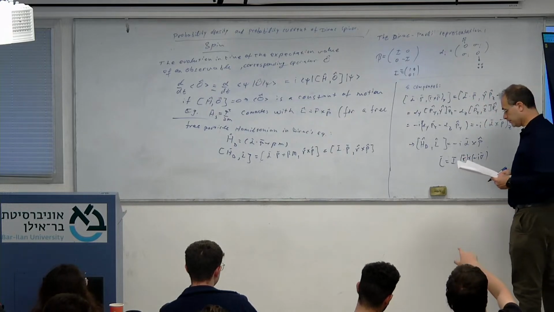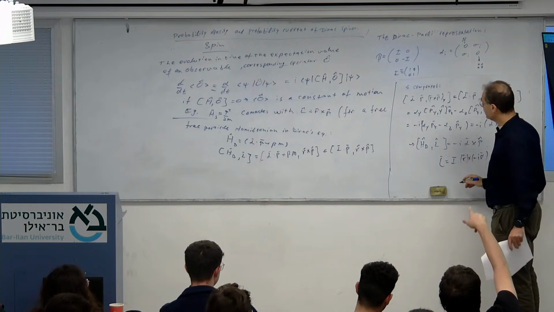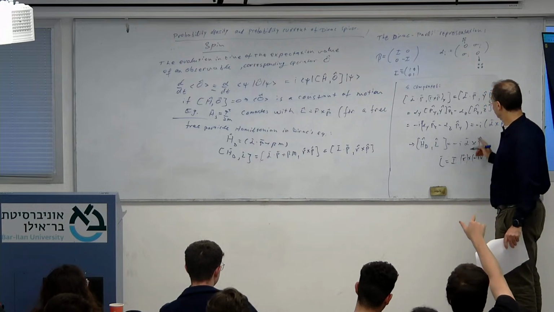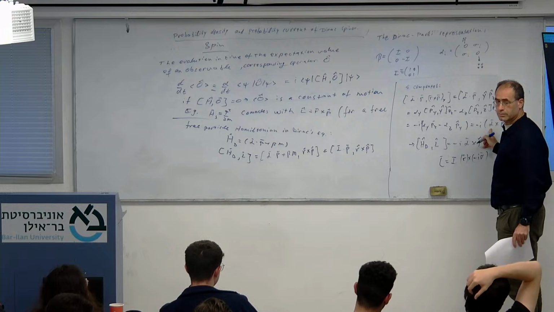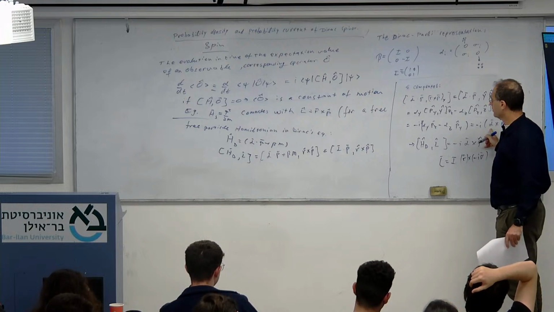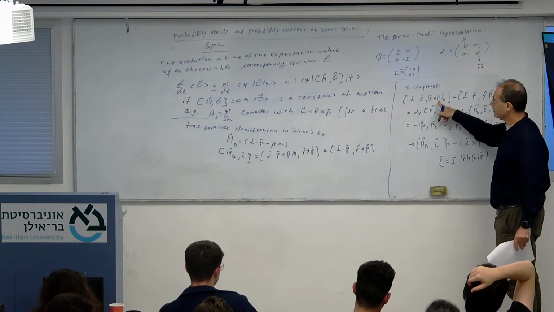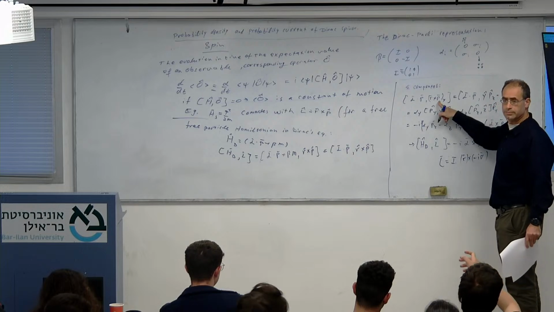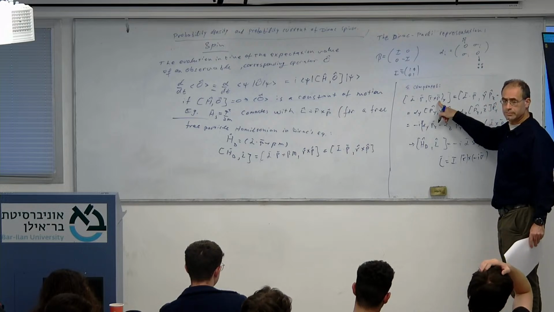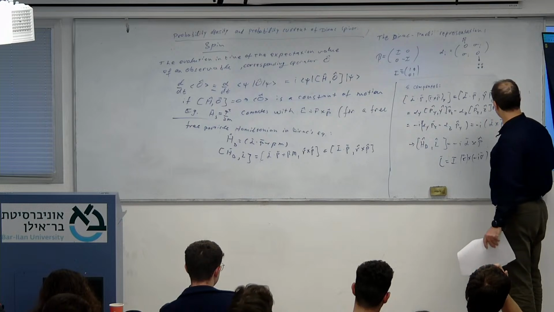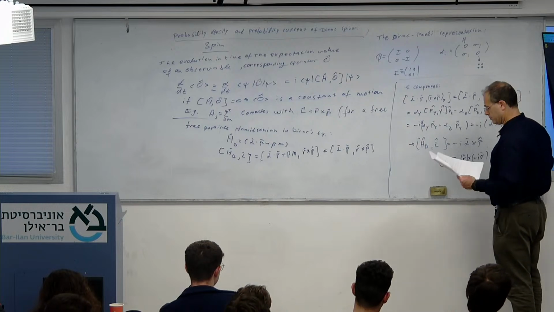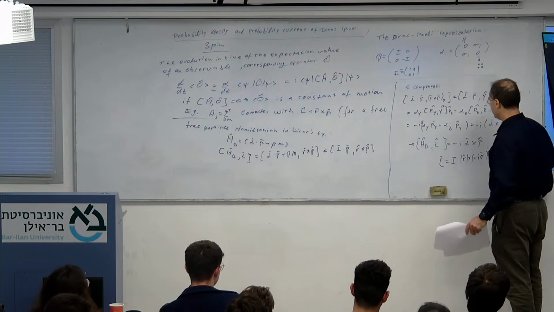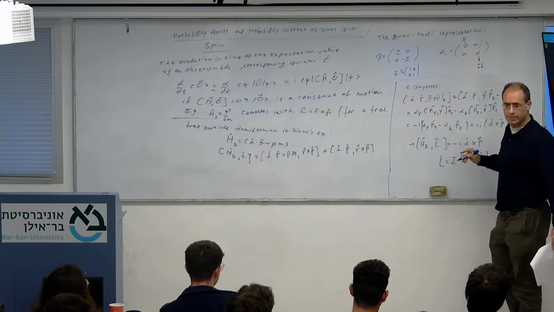I don't understand why you can just look at the x term and say it's the x term of the angular momentum. No, this is the x term of the angular momentum. Yeah, but why would it give you the x term? Sorry, this is the x term, of course, not the z term.